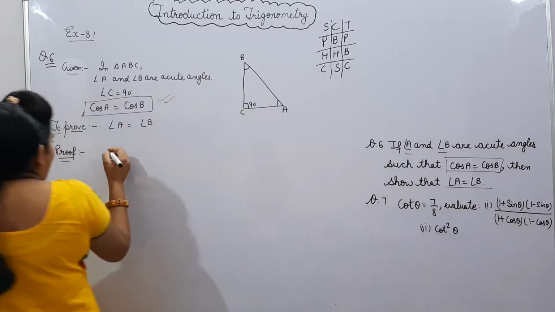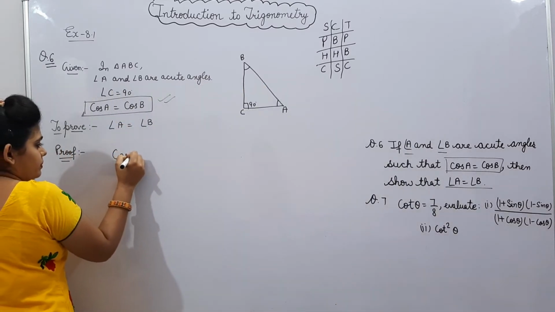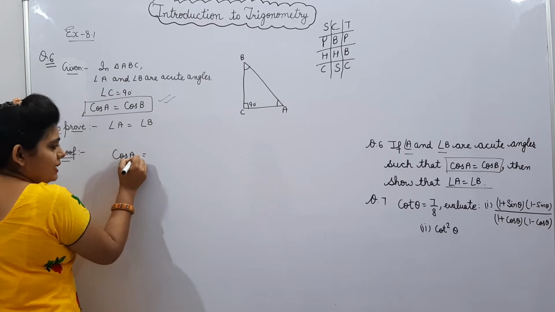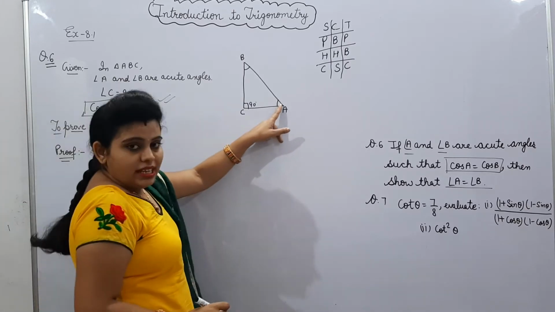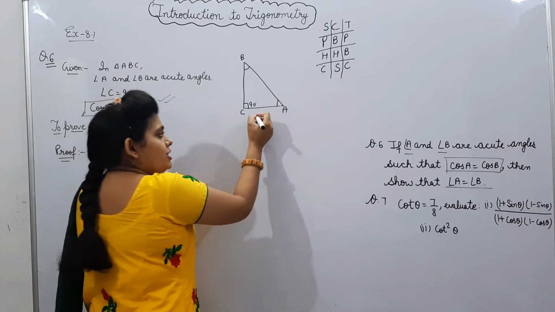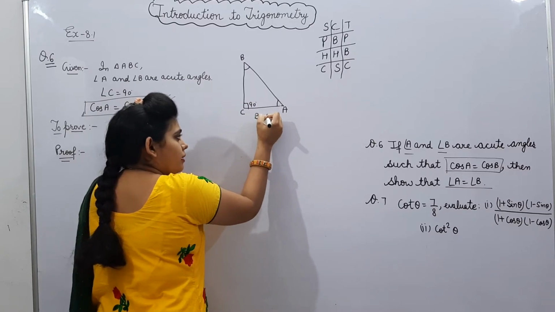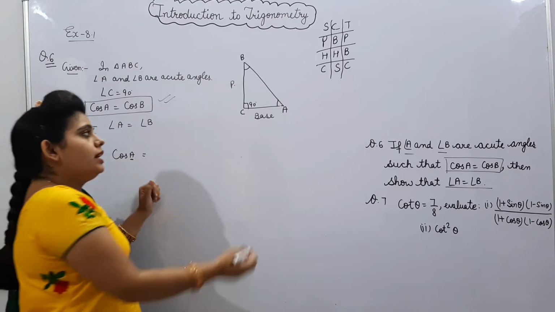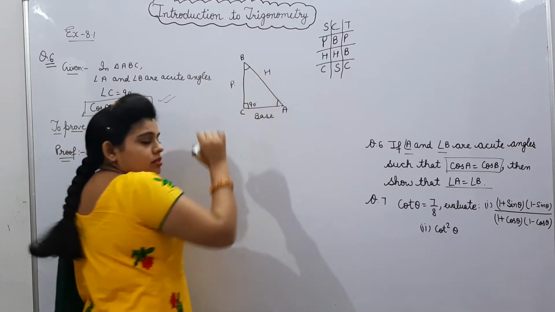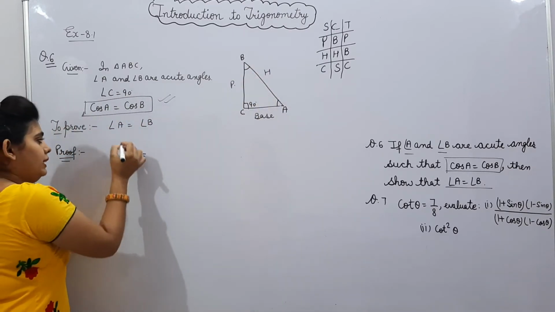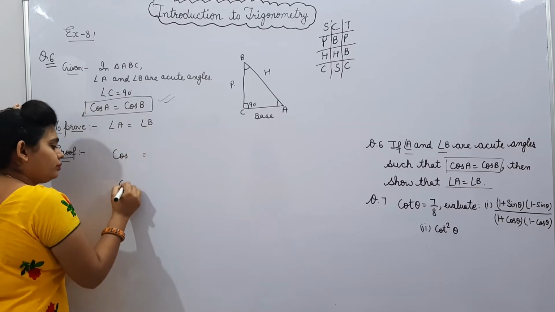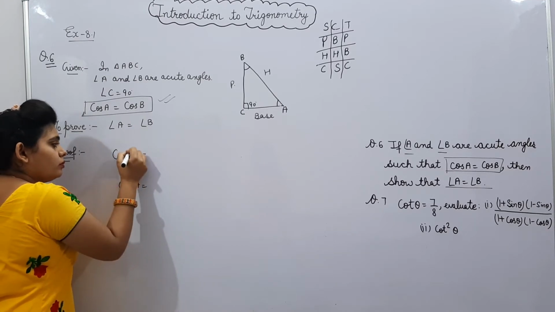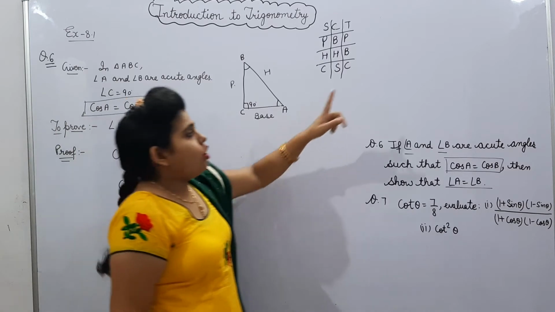Yes, beta, cos A means the angle is A. If this is the angle, then this will behave as base and this will be perpendicular. And AB is hypotenuse. Cos theta is equal to, what is the value of cos theta?